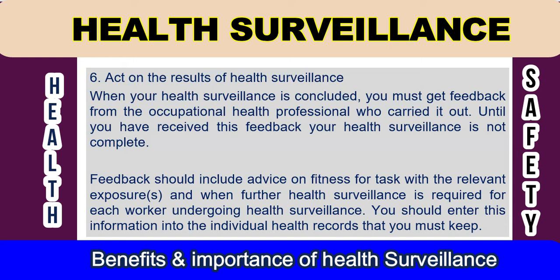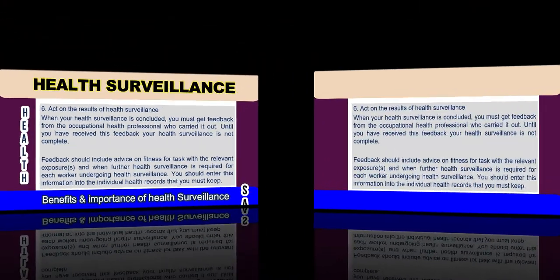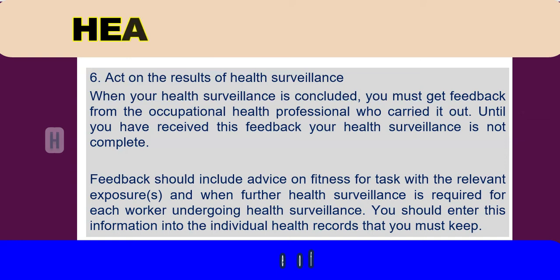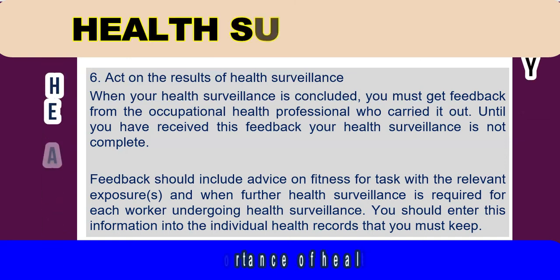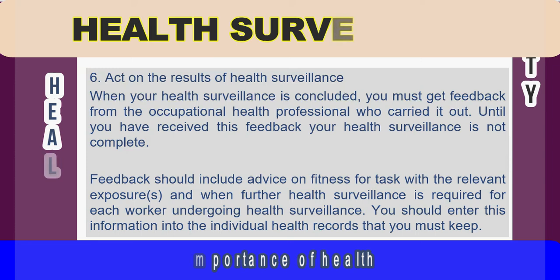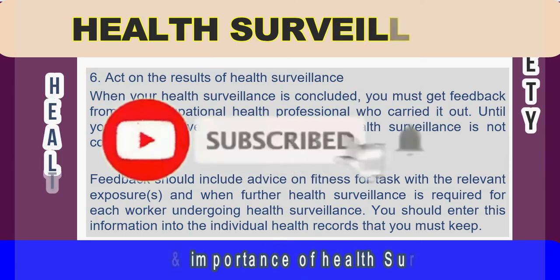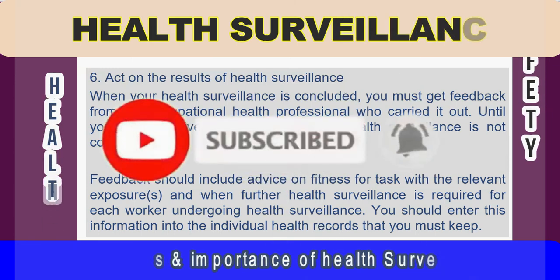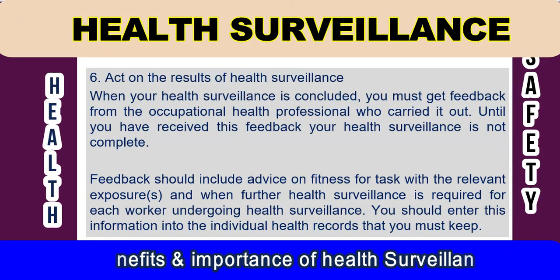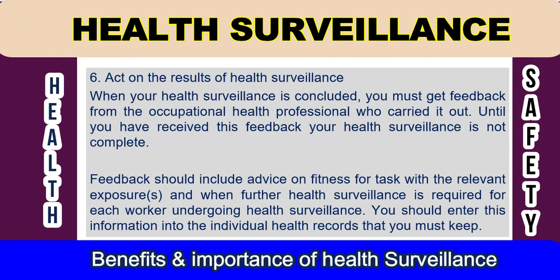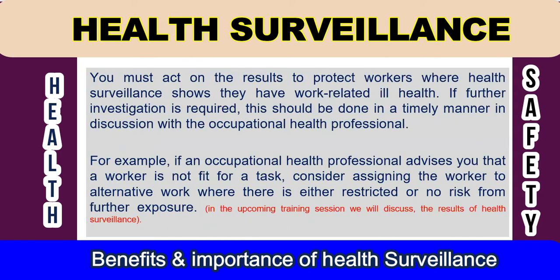And when further health surveillance is required for each worker undergoing health surveillance, you should also enter this information into the individual health records that you must keep. Very crucial and important points from the auditing point of view: how to maintain the record, how to keep the record, and what should be in the record as an employer or as a representative of the employer.